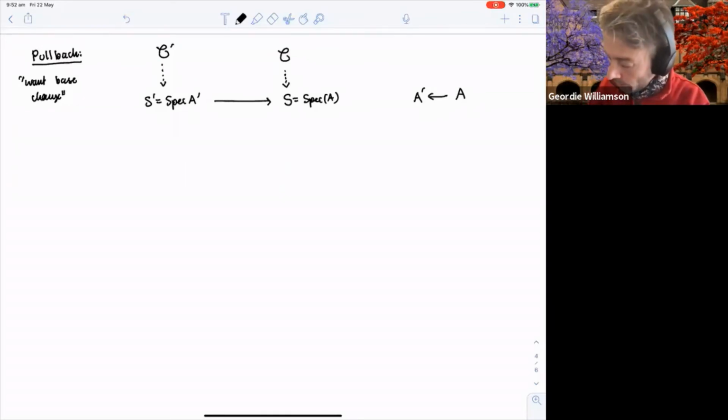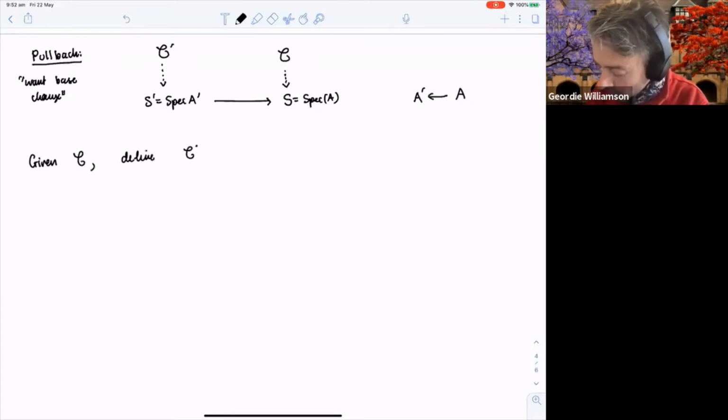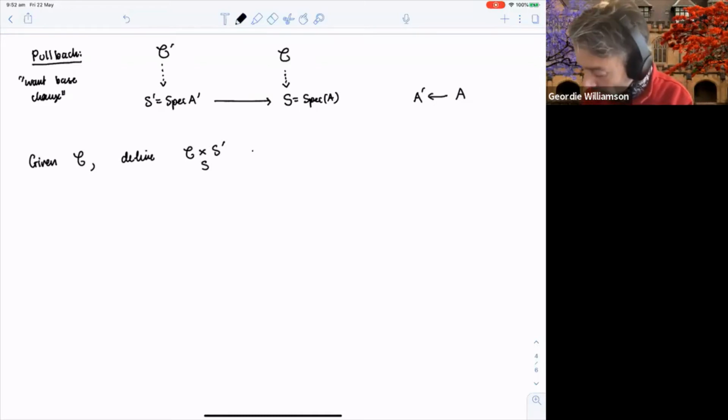And given C, we define the pullback as follows.